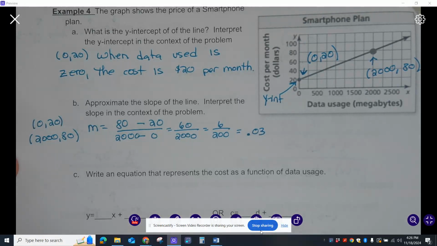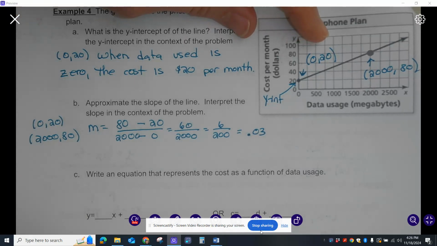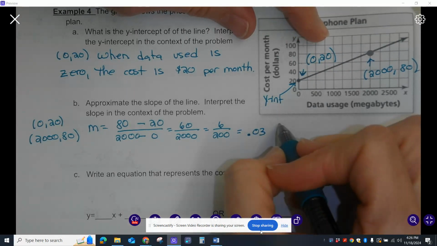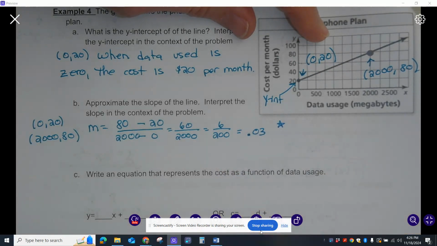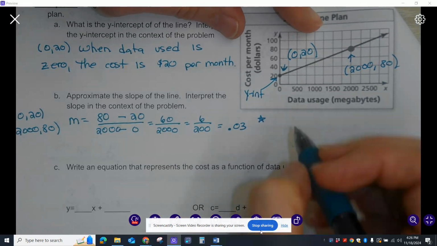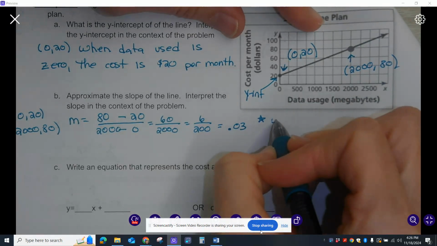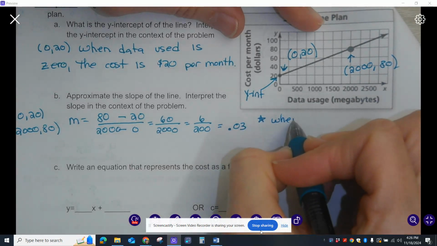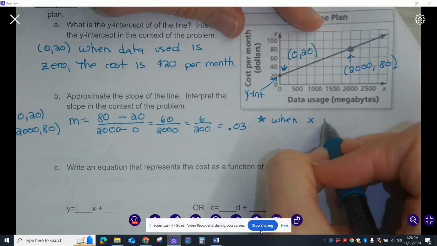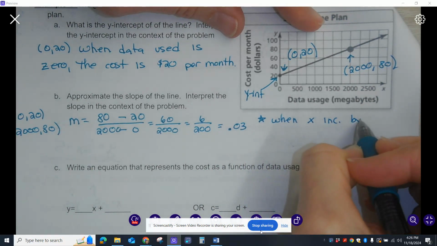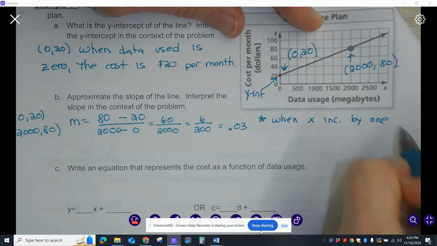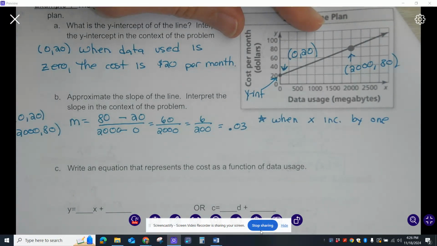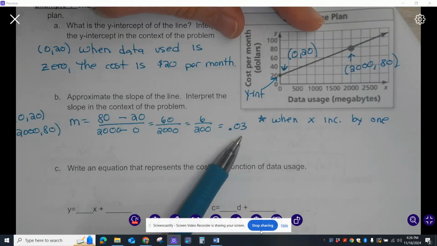Now I want to interpret that in context of the problem. So a couple of things you want to remember when you're interpreting slope. The first one is you always want to say something about when x increases by 1, and then you'll talk about what happens to y, and that will be your slope.